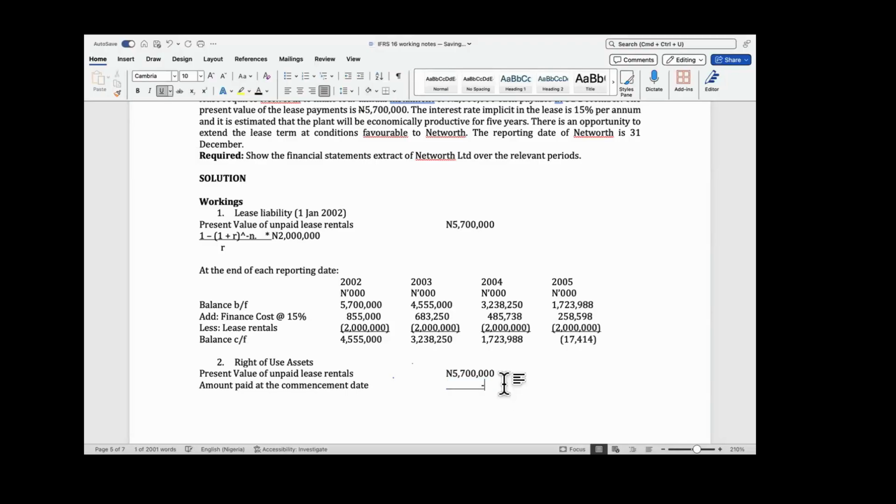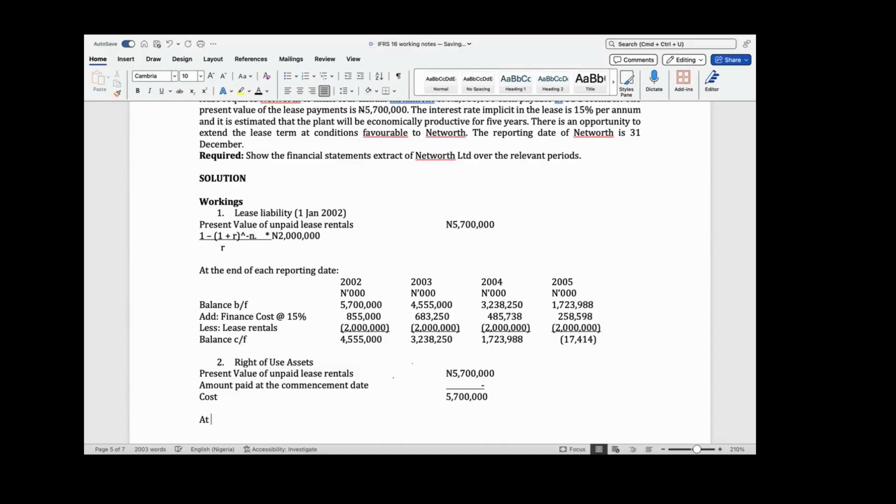So in that case, the cost of my right of use asset is 5.7 million.